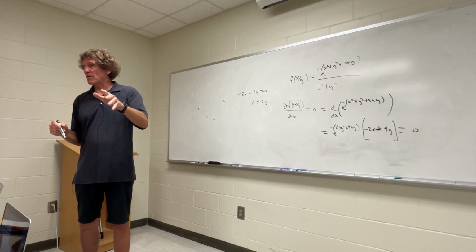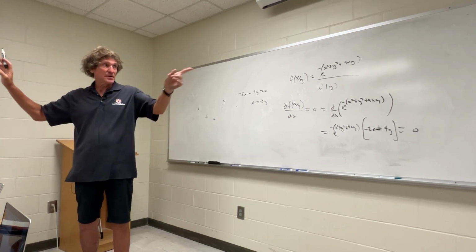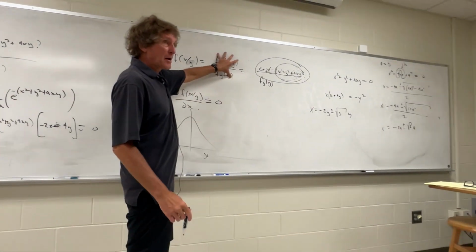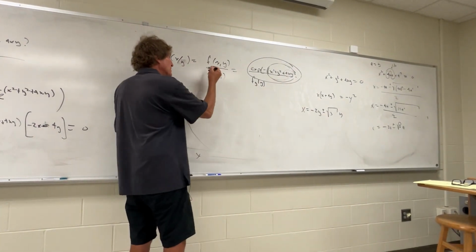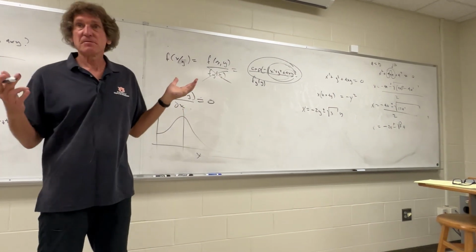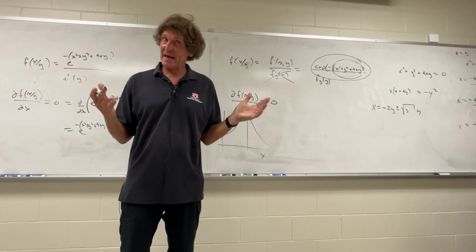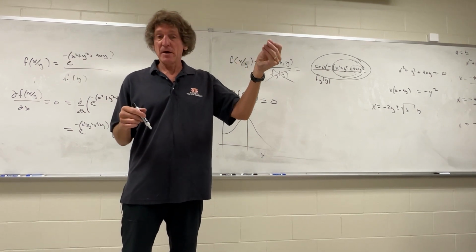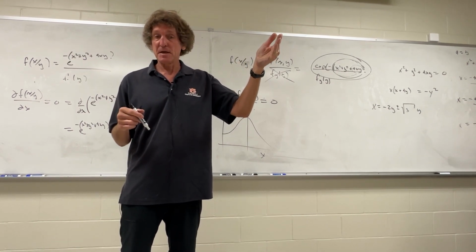In other words, you observe y. And then on that side, you're going to get this kind of stuff that I showed you right here. But when you look at the most probable value, you don't even care about that. Just take a derivative of f of x given y, and then set it equal to 0.